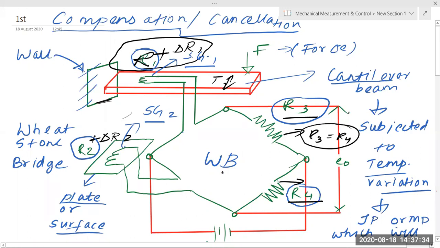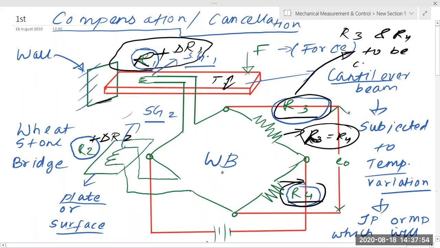What is important is that this bridge will automatically balance, but even before balancing, R3 and R4 both should be equal and constant. If they are varying, then there will be an issue. So we want R3 and R4 to be constant, as well as equal.